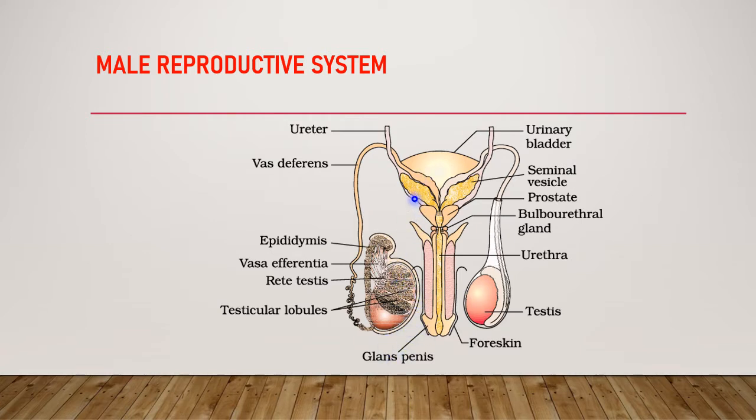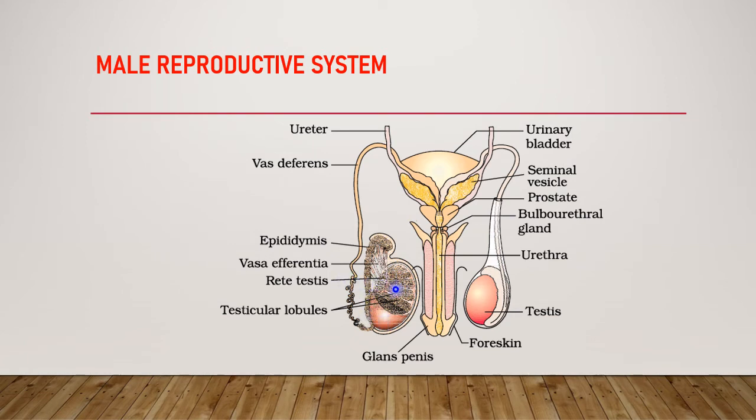The testis has to descend down in the scrotal sac. If it does not descend, it gives rise to sterility, which we call cryptorchidism.